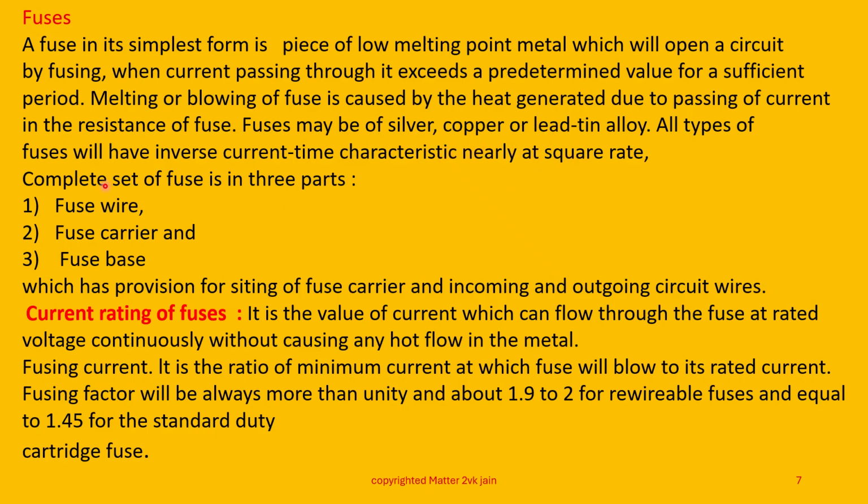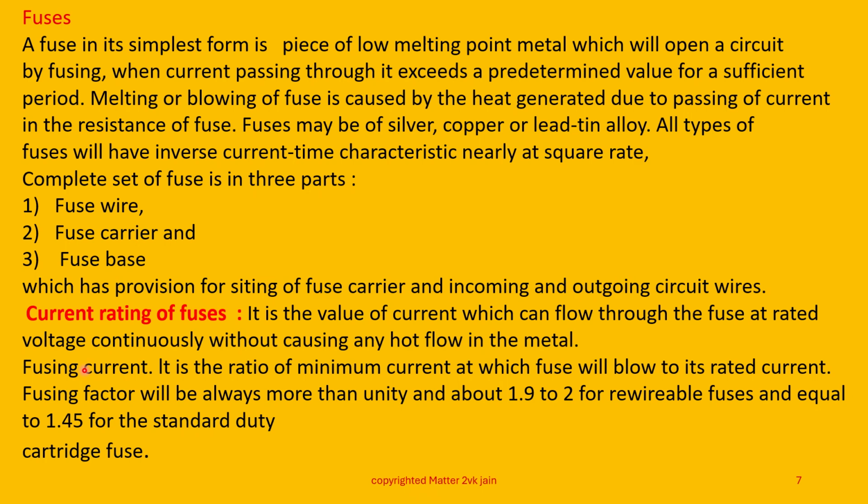Complete set of fuses in three parts. One fuse wire, second fuse carrier, and third fuse base, which has provision for seating of fuse carrier and incoming and outgoing wires. Current rating of fuses. It is the value of current which can flow through the fuse at rated voltage continuously without causing any heating in the metal.